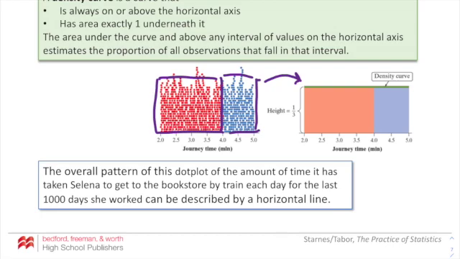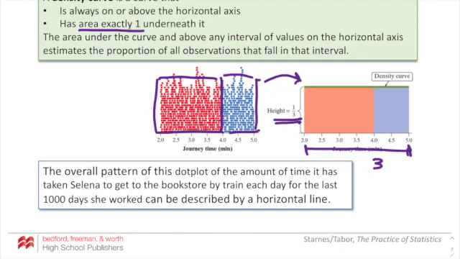Now, 2 minutes to 5 minutes, this overall interval is 3 minutes. So remember, to be a density curve, the area has to be 1, well, that would make the height of the rectangle a third, so that a third times 3 equals 1.